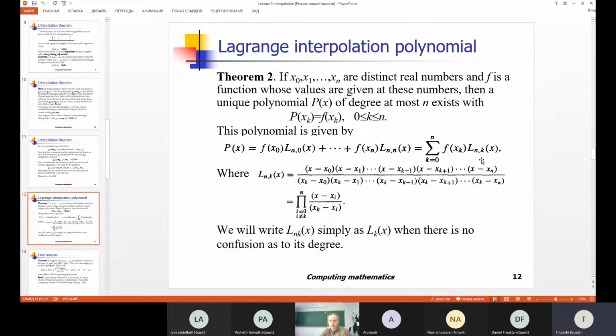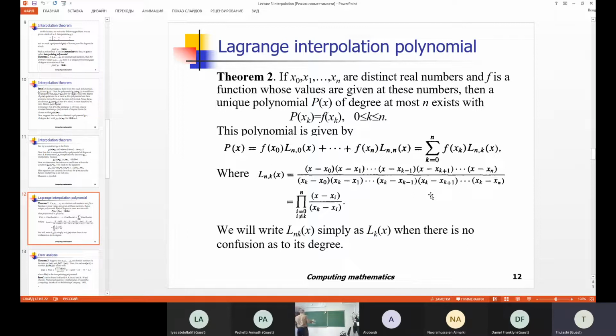Well, this is a general form for any degree, for any n. Let's consider the particular case that n equals 2. If n equals 2, it means that we have 3 points.